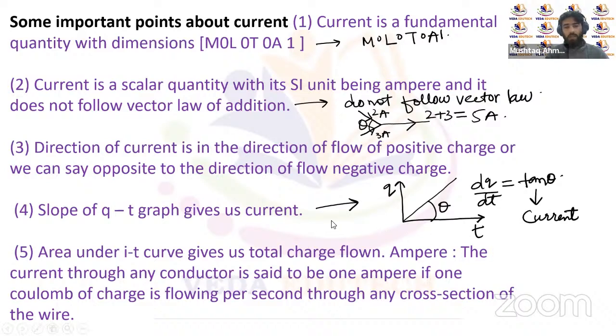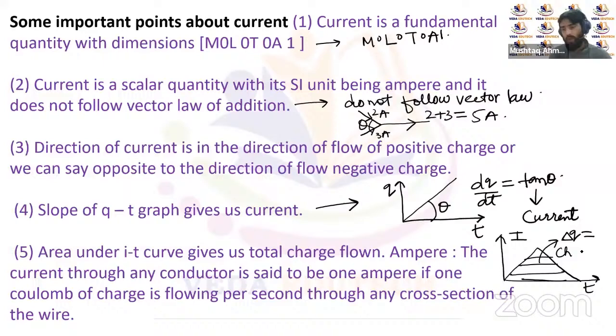And the area under the current time graph: if we have a current time graph like this, the IT graph, then the area under this IT graph gives us the delta Q charge. It means the total charge flow.